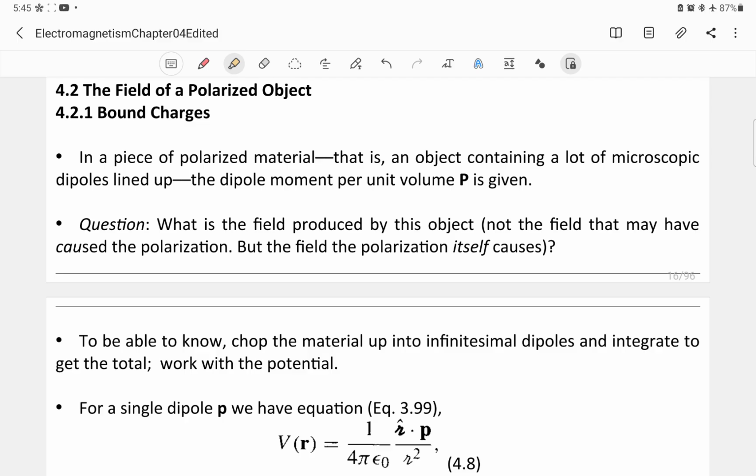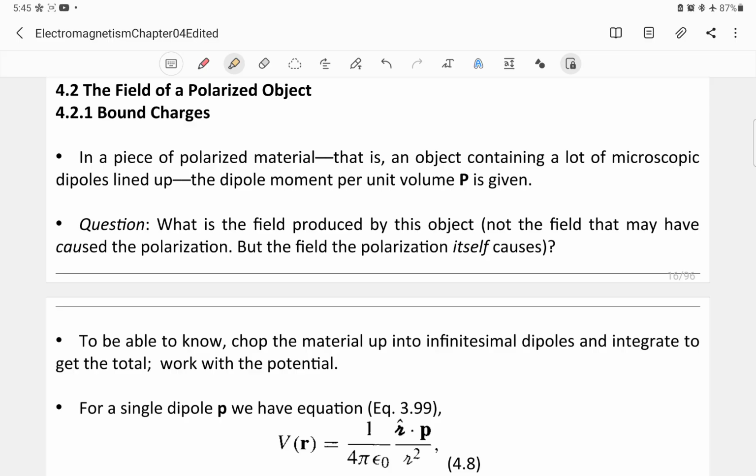So what is the field caused by the polarization? To find out, chop the material up into infinitesimal dipoles and integrate to get the total, and work with the potential.